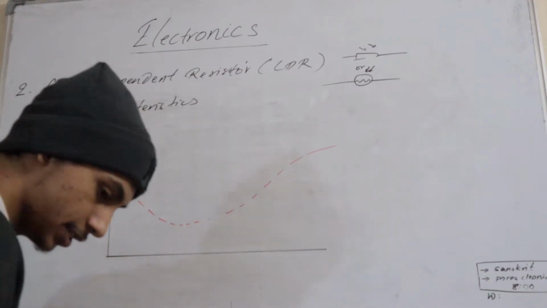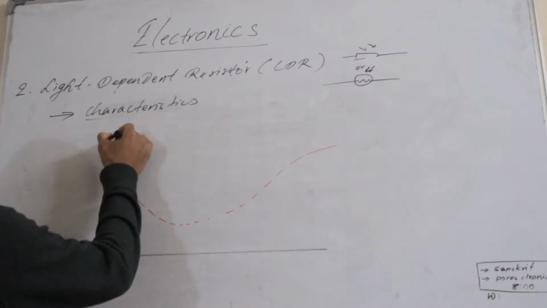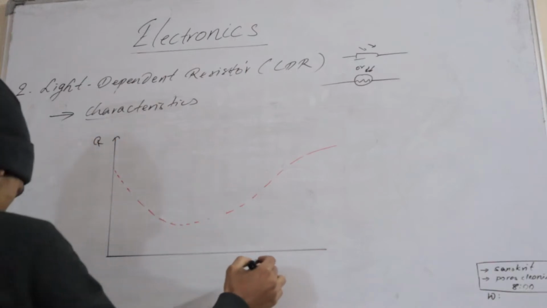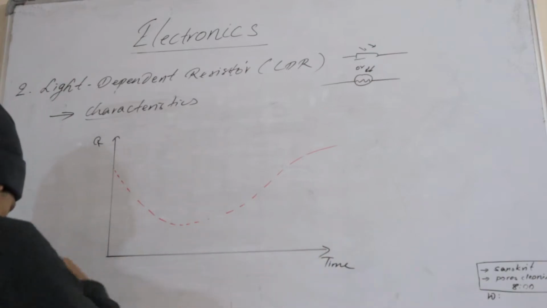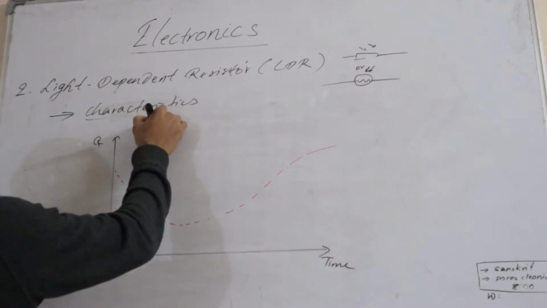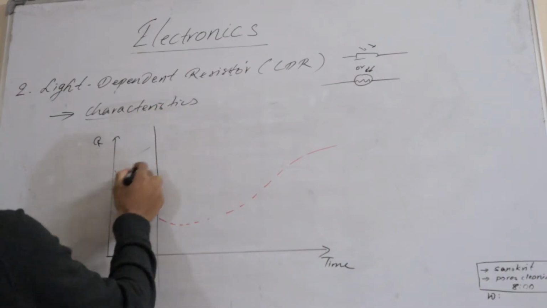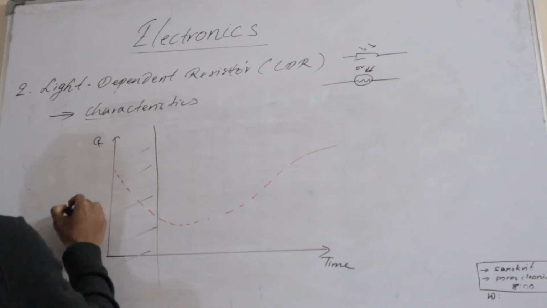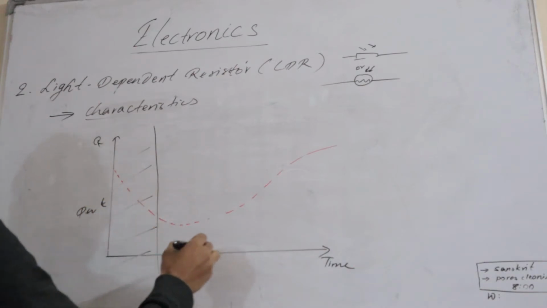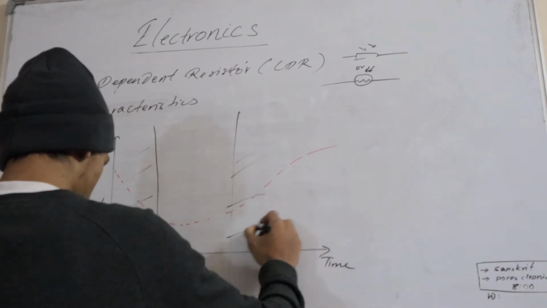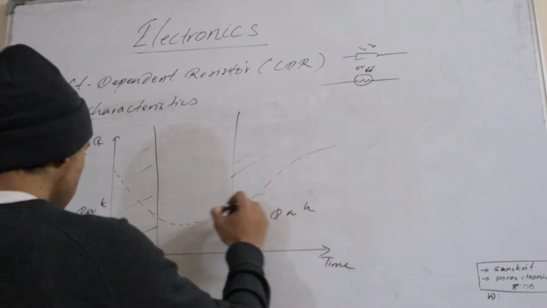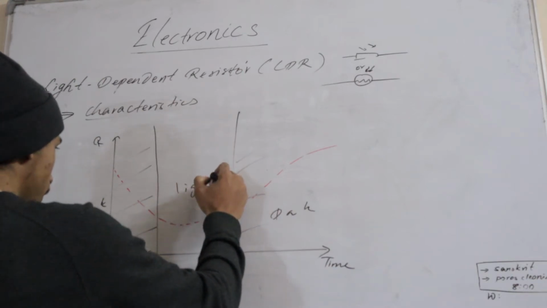This is resistance R, and this is time T. This is dark, and this is light.